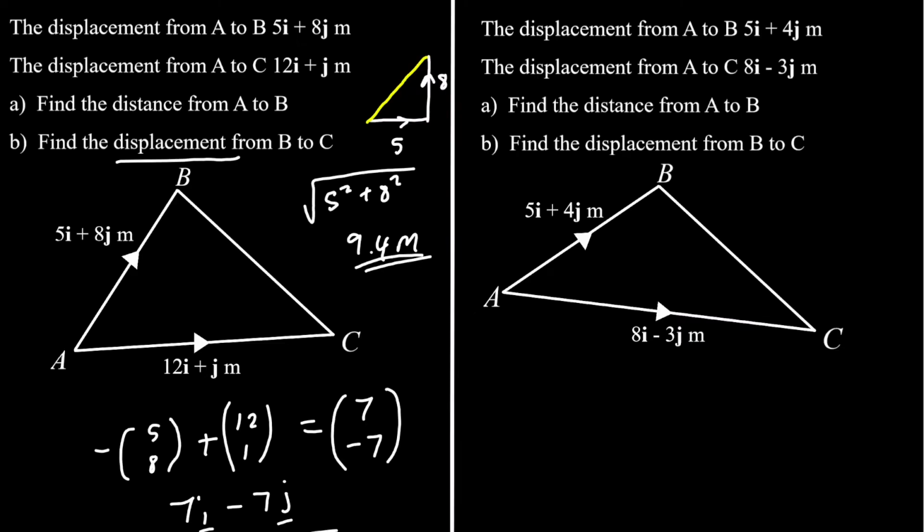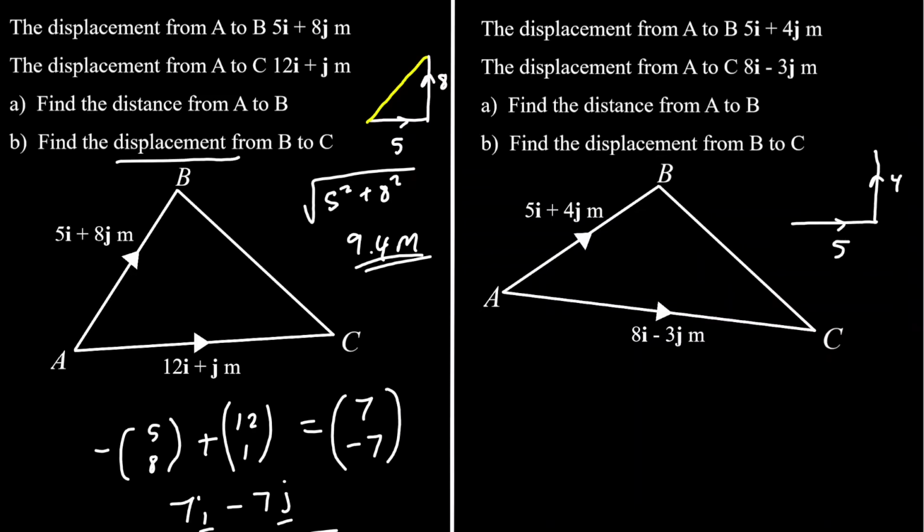One for you to try. Give it a go. The displacement from A to B is 5i plus 4j meters. The displacement from A to C is 8i minus 3j meters. We want the distance A to B. So again, we've got along 5, up 4.